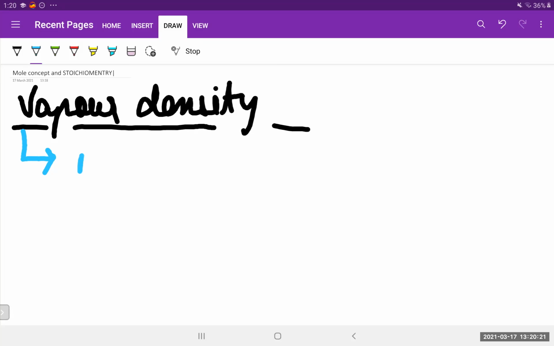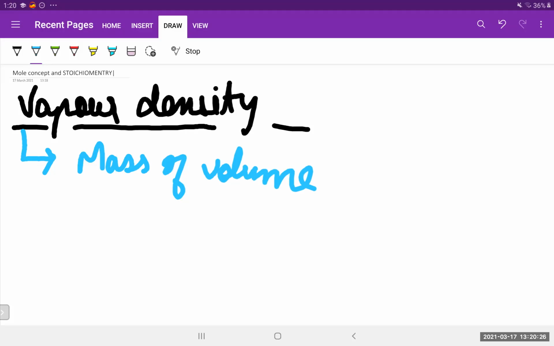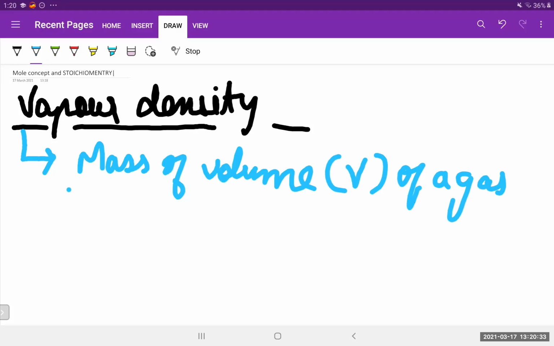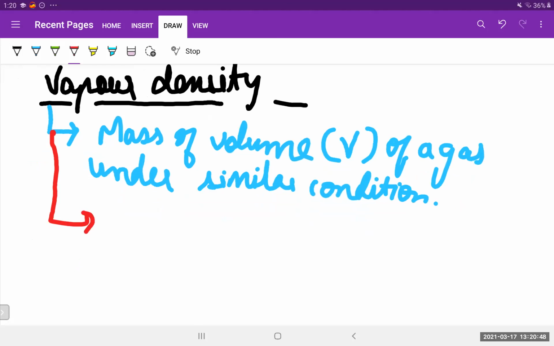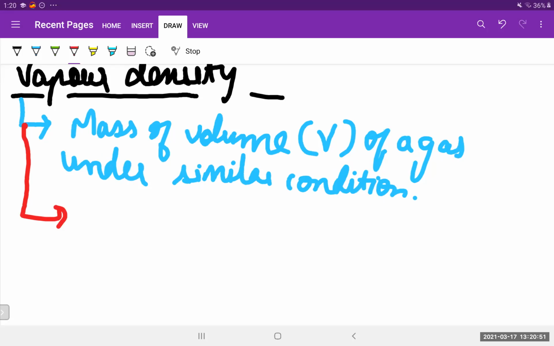Vapor density is the mass of volume (V) of a gas under similar condition. I'll just give you the formula directly.